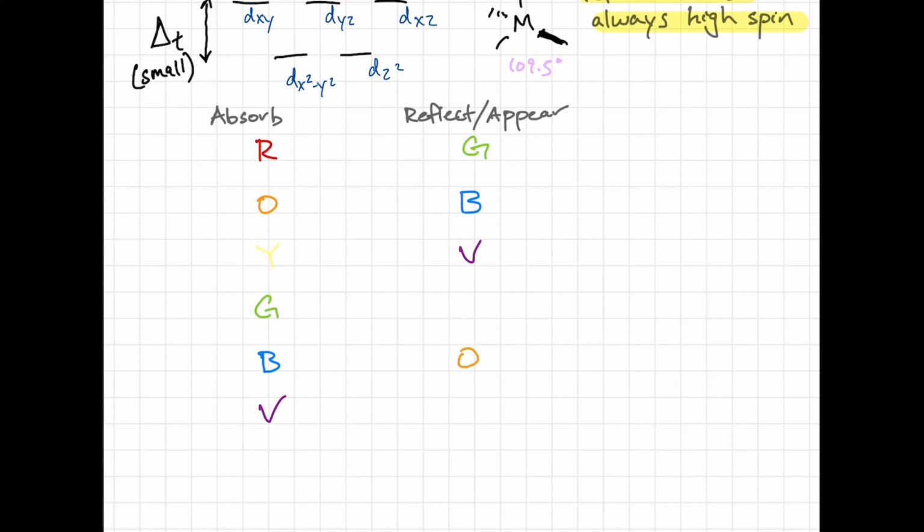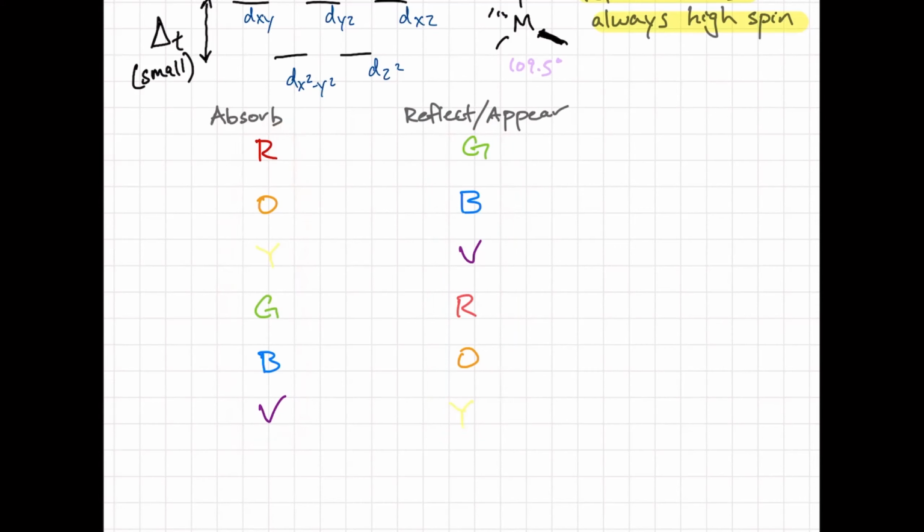Blue is orange. And violet is yellow. And so you have to be a bit careful here, and be sure you are clear with what information they give you. Are they saying the color it appears, or are they saying the color it absorbs?